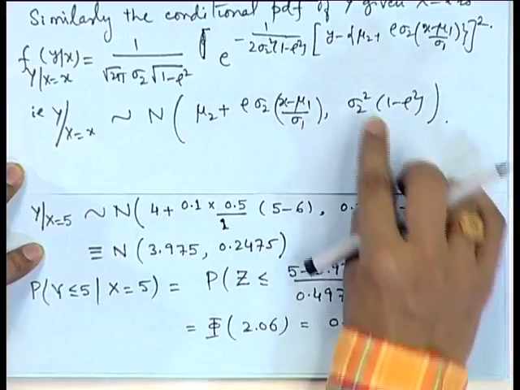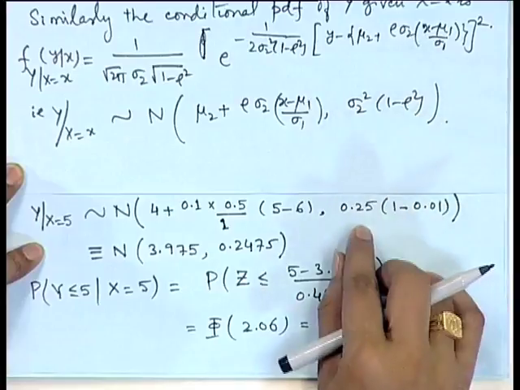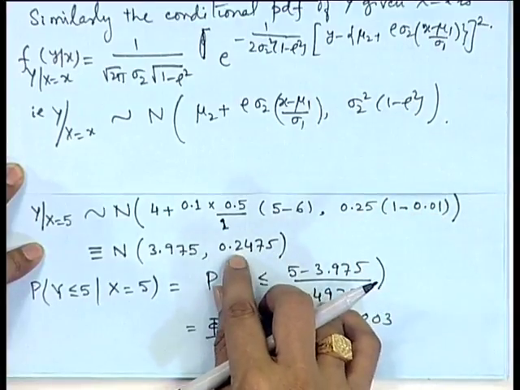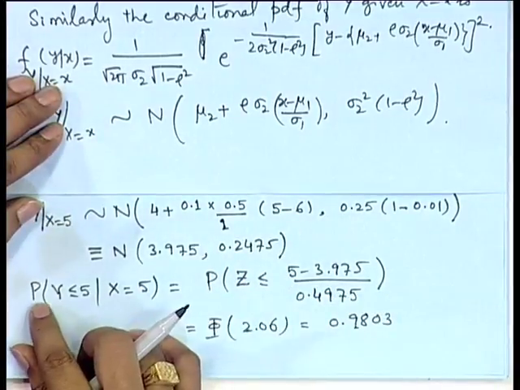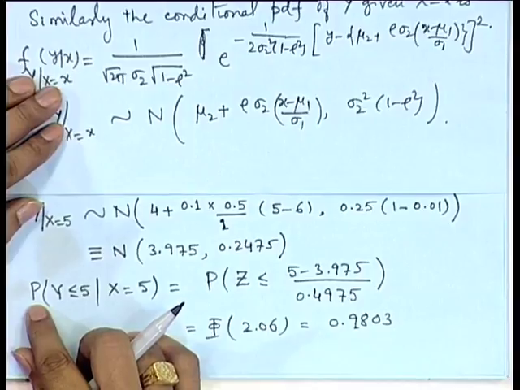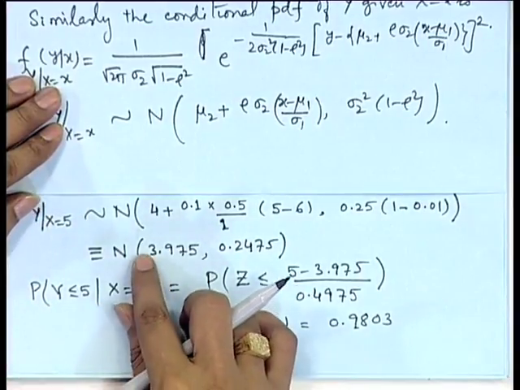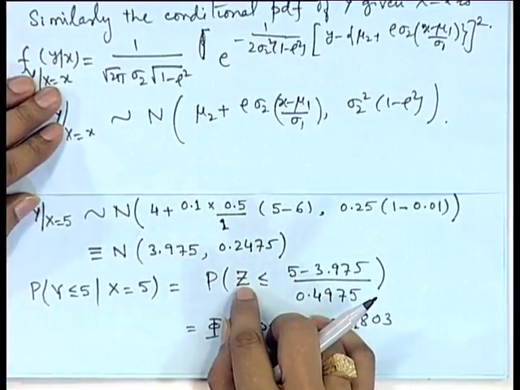The variance of the conditional distribution is sigma 2 square into 1 minus rho square, which is 0.25 into (1 minus 0.01). So, it is evaluated to be 0.2475. So, the conditional probability of y less than or equal to 5 given x equal to 5 can be calculated from this distribution. So, we transform it to the standard normal distribution.